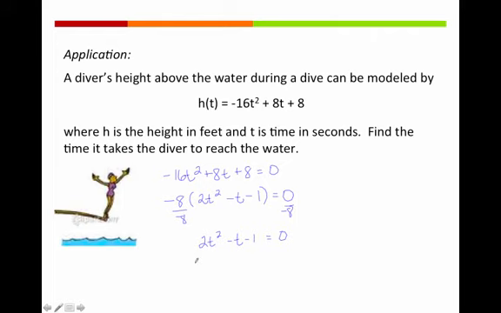This is going to factor to (2t plus 1)(t minus 1). So I've got two solutions. I have 2t plus 1 equals 0, or t minus 1 equals 0. So 2t equals -1, or t equals -1/2, and t equals 1.